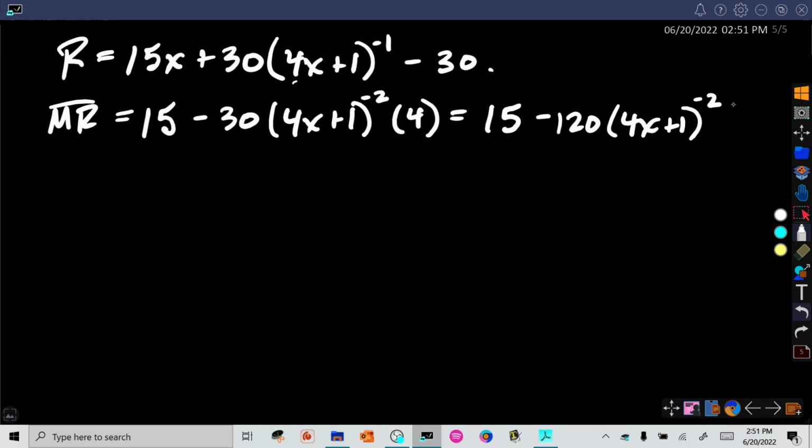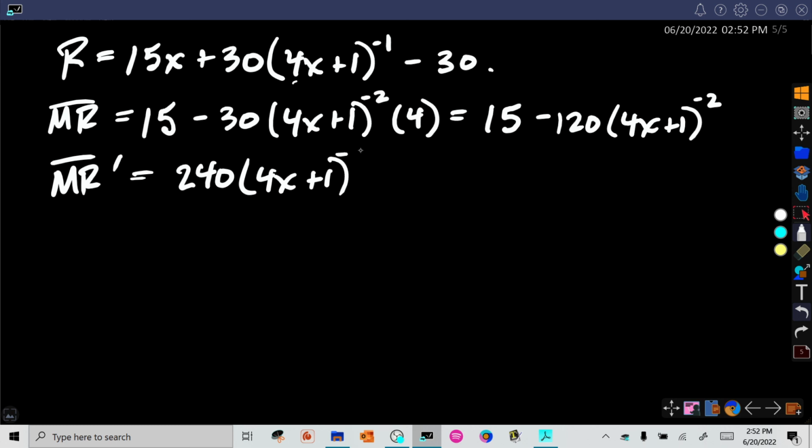Now I need to figure out the marginal revenue prime, because it's the derivative of the marginal revenue. So the second derivative of that revenue function is going to be minus 120 times a minus 2, which is a plus 240, times 4x plus 1 to the minus 3 now.